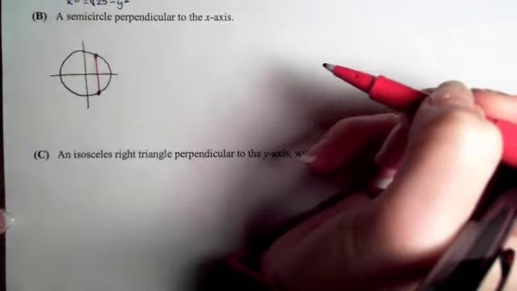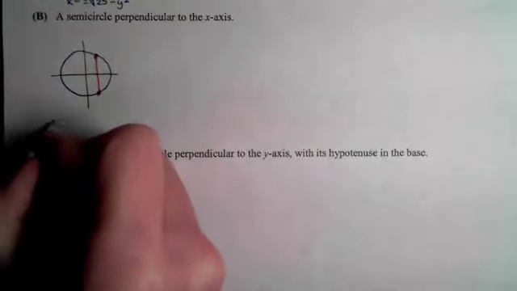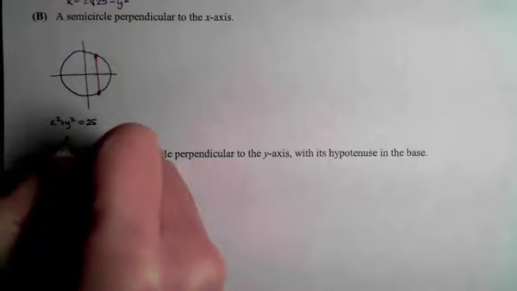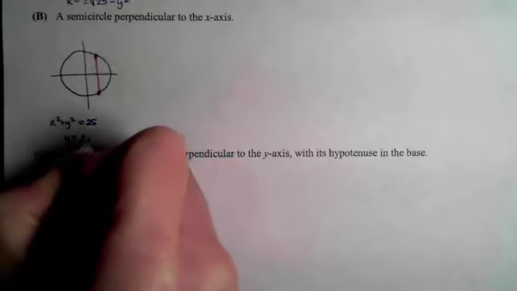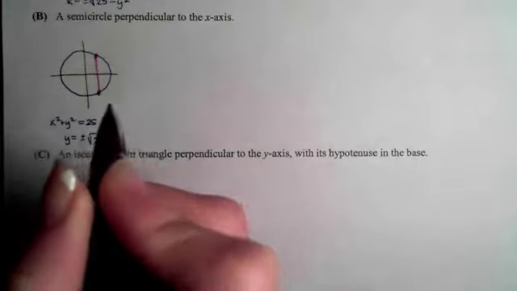And this time, instead of isolating the x, we're going to isolate the y. So we have x squared plus y squared equals 25. It's the y that needs to be alone this time, so that's plus or minus the square root of 25 minus x squared.